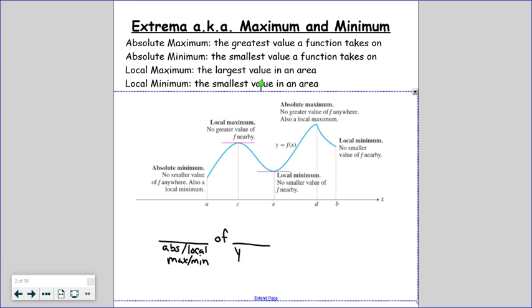This would be the y value at x equals whatever x value it is located at. So it's a three-step process. What type of extrema are we looking at? What is it? Where is it? We'll always format it in that sense.